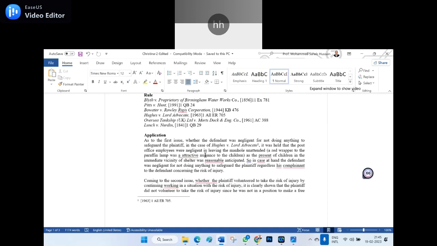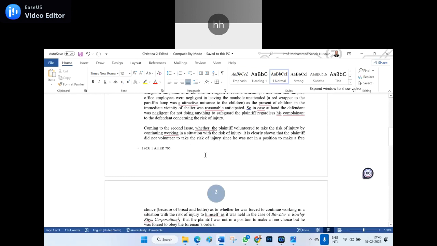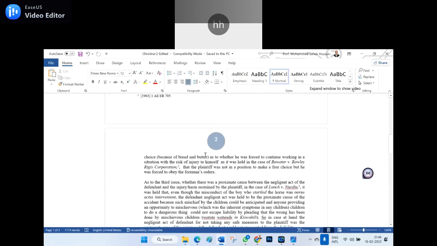If it is needed, you can make a second paragraph. But generally, because the time factor is a concern, first issue only one paragraph, second issue only one paragraph in the application, supported by the authorities. And 5 issues, 5 paragraphs with the supporting authorities for each issue, that should come under the application.